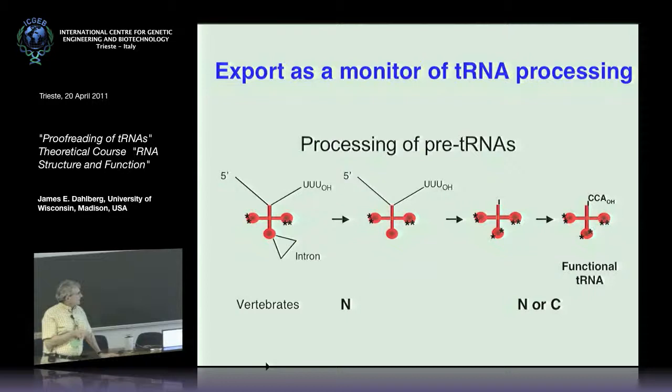All these extra nucleotides have to be removed in order to generate a functional tRNA. Generally, the 5' end is removed first by RNase P. The 3' end is removed again by a specific nuclease, and then the CCA end is matured. And in vertebrates, the intron is removed here. Okay? And at least these processes happen in the nucleus.